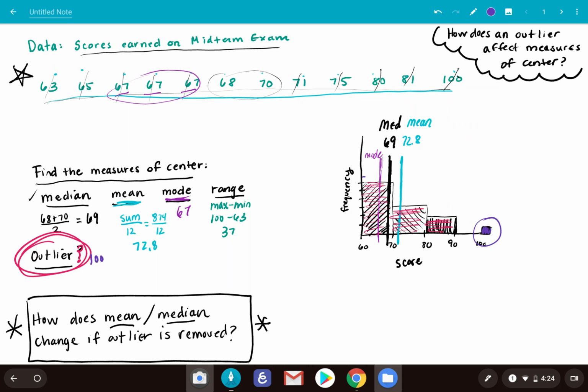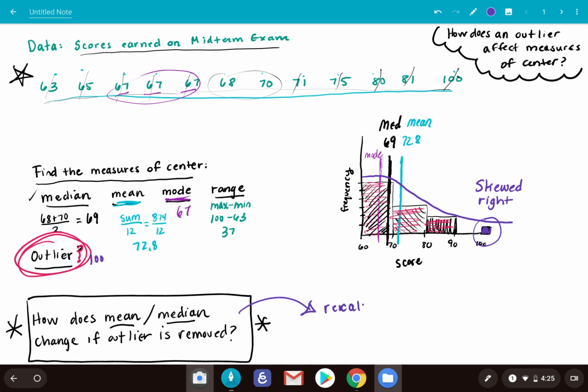And if you look at your data, it looks like it's skewed to the right with that outlier included.